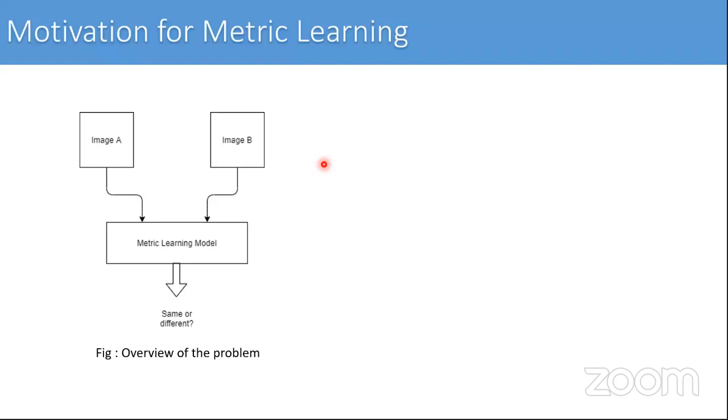Different from our original classification problem, we are dealing with a classification problem where we take in two images, image A and image B, and the goal is to classify whether they are same or different.